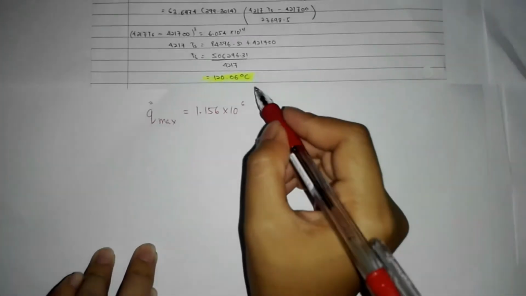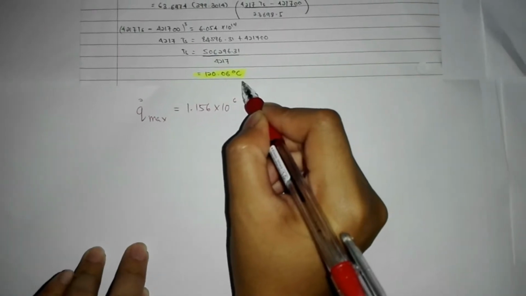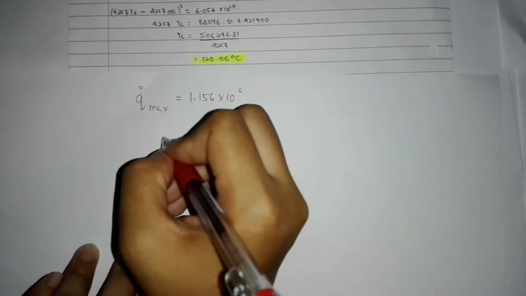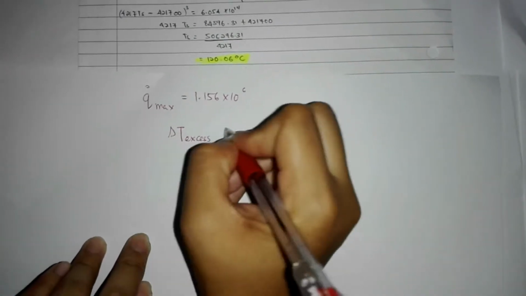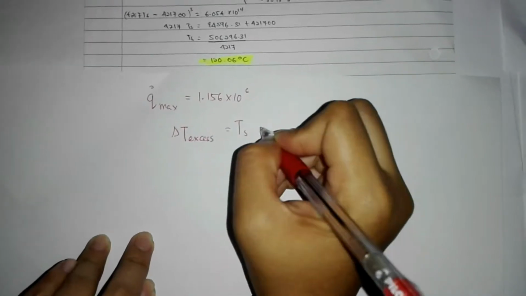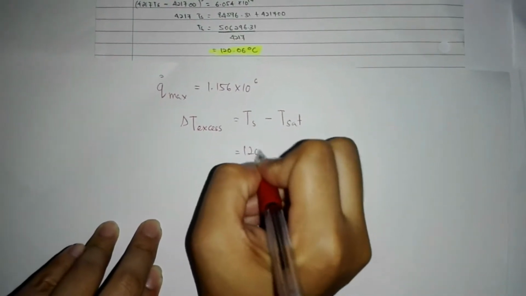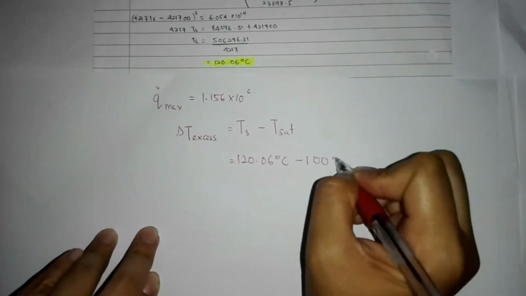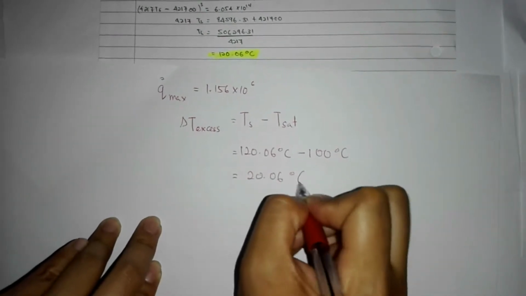Then we find the temperature excess by calculating T surface minus T saturation: 120.06 degrees Celsius minus 100 degrees Celsius is 20.06 degrees Celsius.